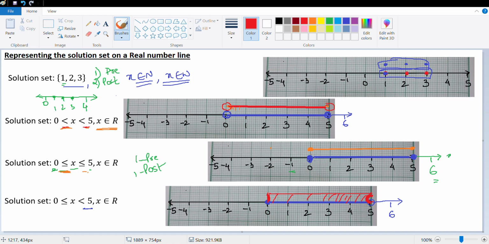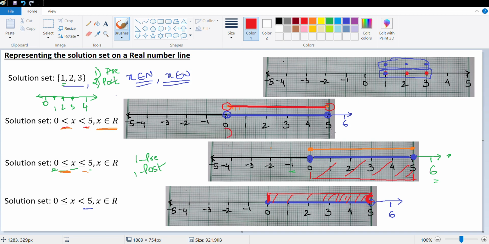If I were to do it for this one, then this answer would have looked like, let me do it below so that there is no confusion. There will be a straight line here, straight line here. I will join these 2 straight lines and I will shade this portion. If I were to use this method, then I would have an inverted C here because 0 is not included.